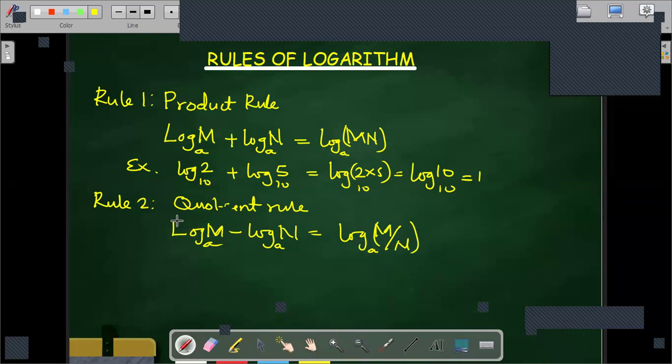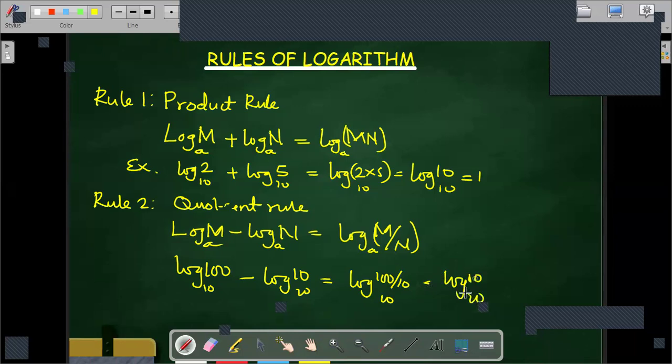A typical example: the logarithm of 100 to base 10 minus the logarithm of 10 to base 10, just for the sake of an example, gives us the logarithm of 100 divided by 10 to base 10. Upon simplification, this is the logarithm of 10 to base 10.